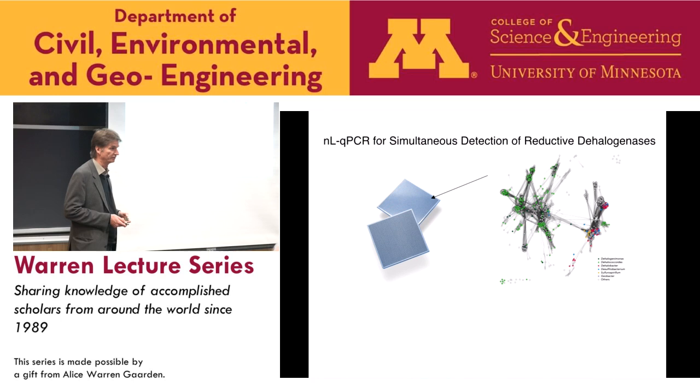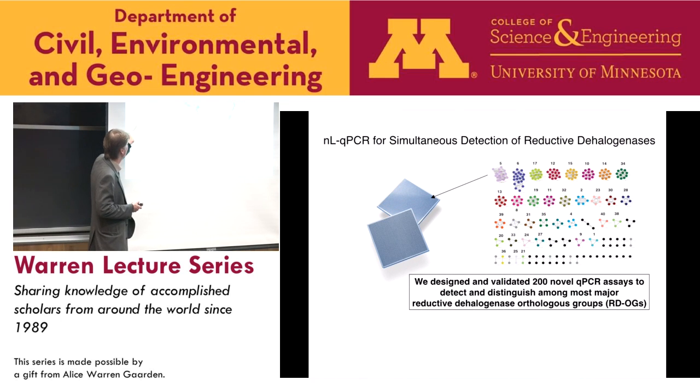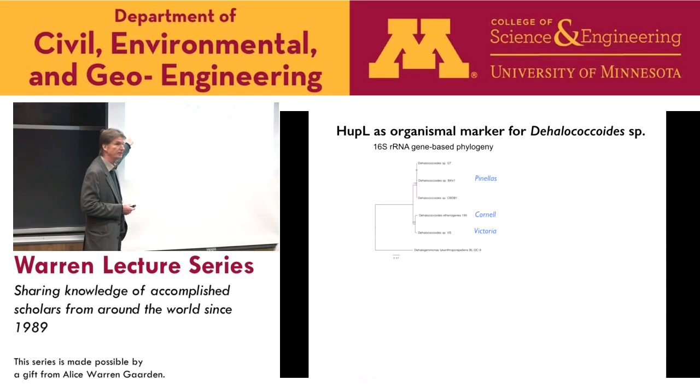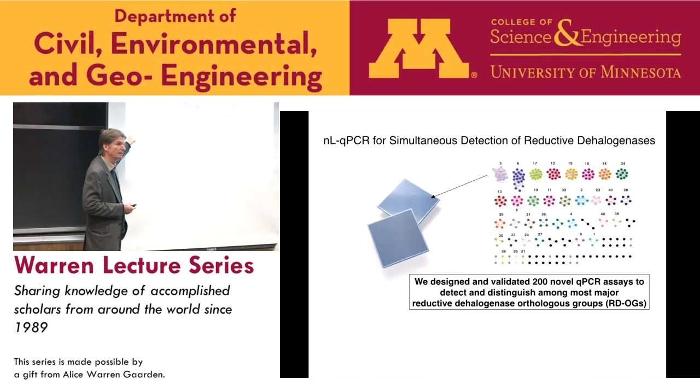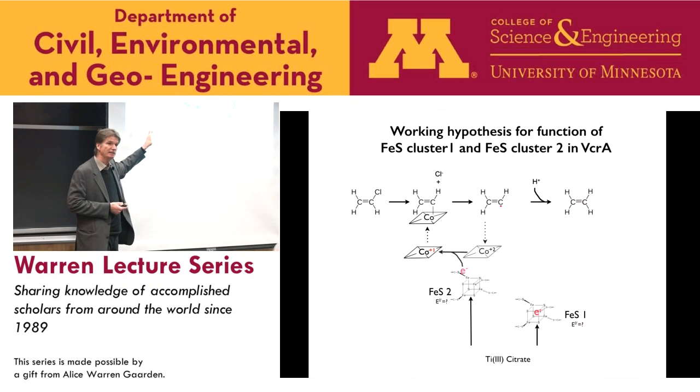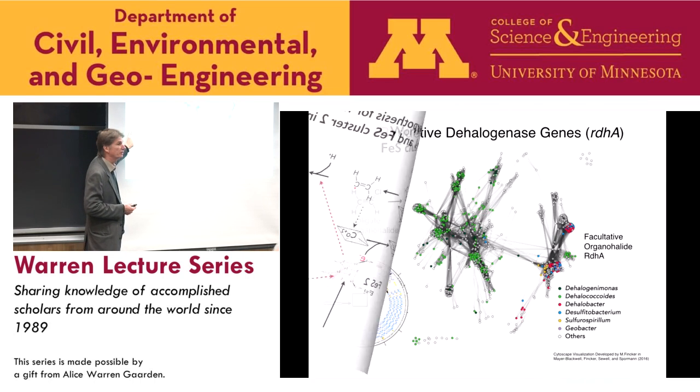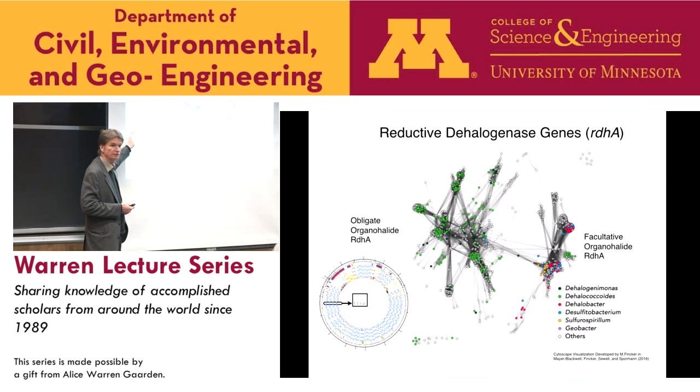And that's huge. Moreover, because we know that these reductive dehalogenases are linked in the genome, we would expect that the abundance of an organism tracks with the co-occurrence of specific reductive dehalogenases, because if an organism disappears, it's not only one reductive dehalogenase that disappears, but all the others that are linked to that.